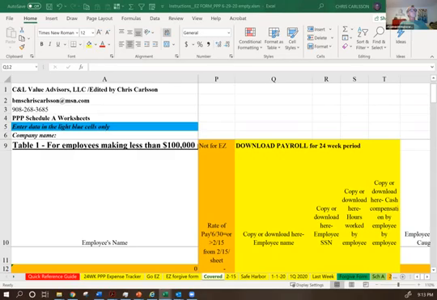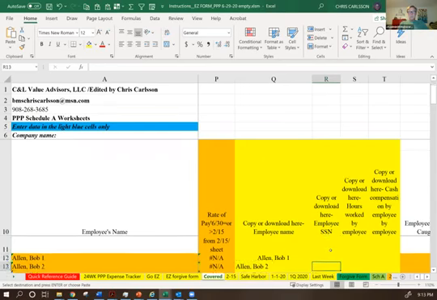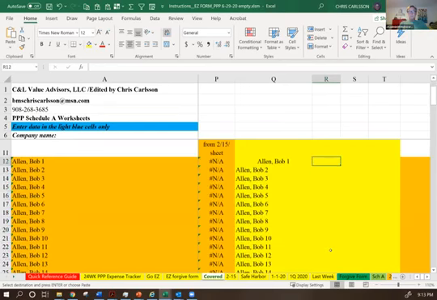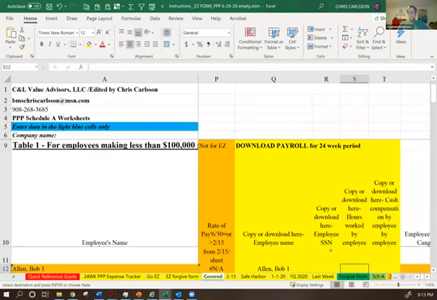Okay, so here are our covered employees. And now we're going to go over and do the hours and their earnings for those hours that they were working. So here we go, and here, pasting that in. We copied it, now we're pasting it in.